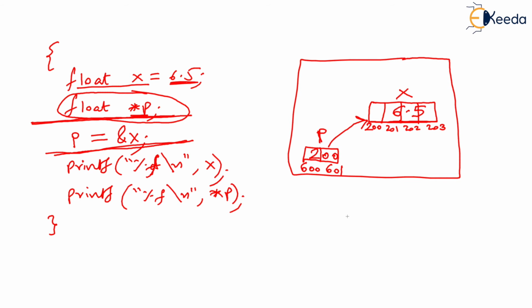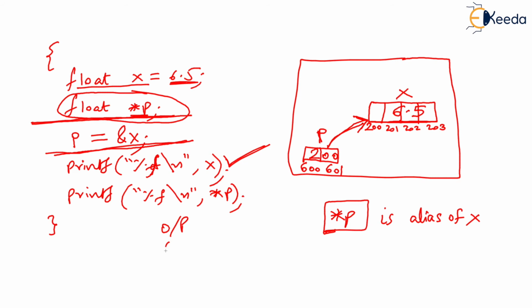Further, you know that once p points to x, if I write this notation asterisk p anywhere in the rest of the program, then it means the value to which p points. And the value to which p points is nothing but the value of x. In fact, asterisk p is an alias of x. We learned it in the earlier code. So this line is printing x, so that's very easy. x is 6.5.